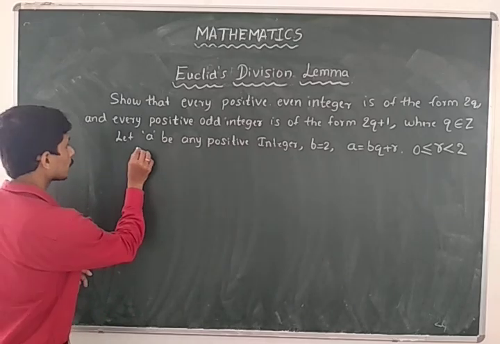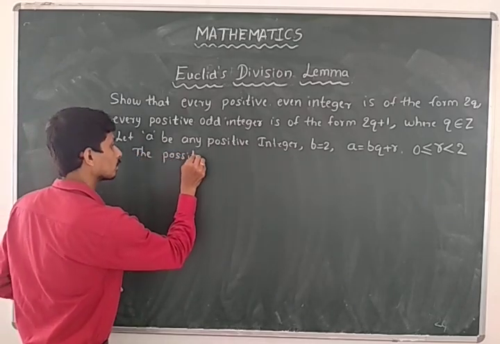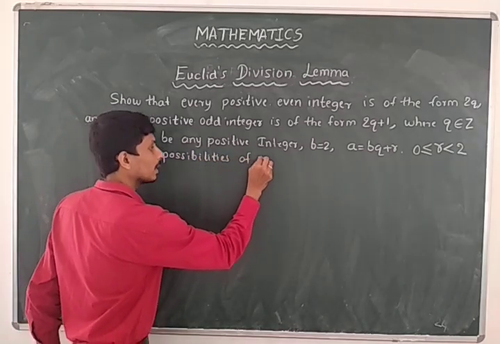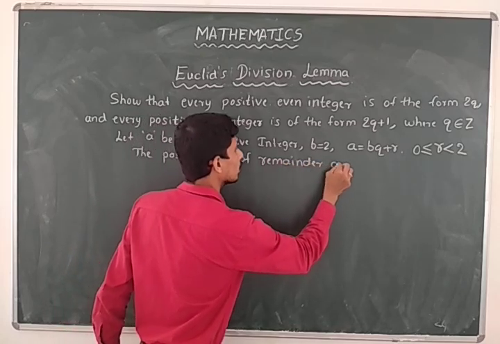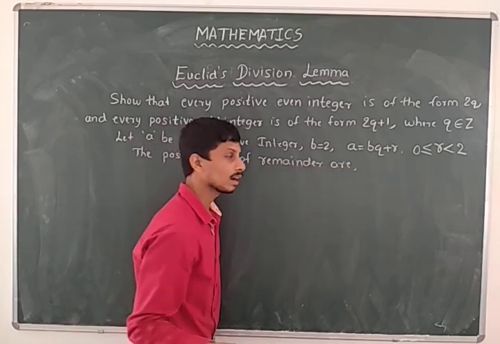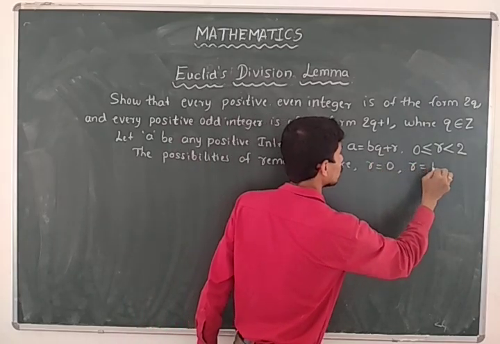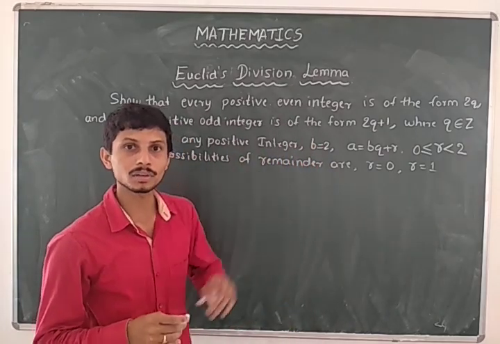So the remainder is whether r is equal to 0 or r is equal to 1. Let us take them one by one while solving this.